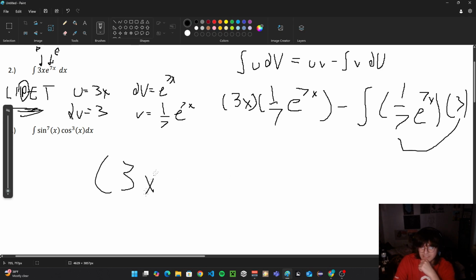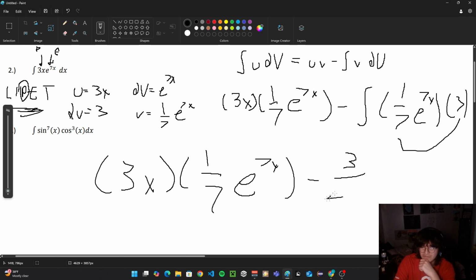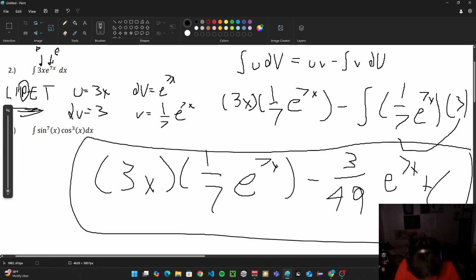So it'd be 3x times 1 over 7 e to the power of 7x minus 3 over 49 times e to the power of 7x plus c. We can't forget our plus c. And that is our answer for number 2.